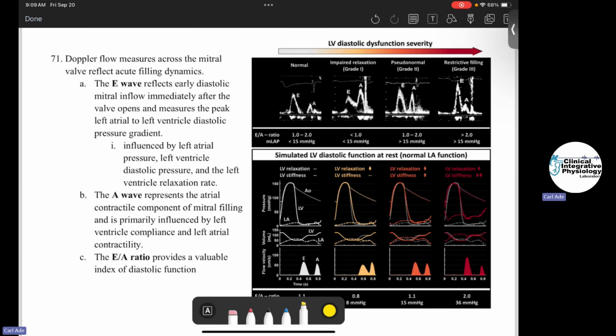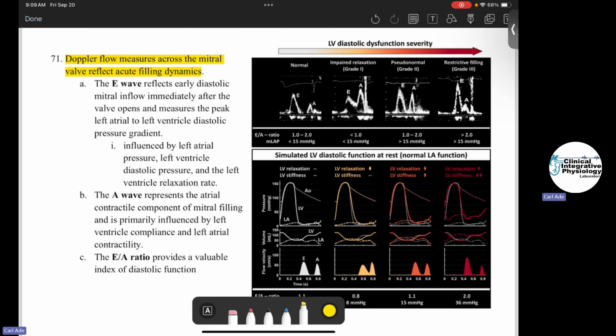This is where we go back to ultrasound. Using that Doppler technology to look at blood flow, we essentially look at how quickly blood moves into the left ventricle. We use that at the level of the mitral valve. Remember, the mitral valve separates the left atrium from the left ventricle. How quickly does that flow go in?